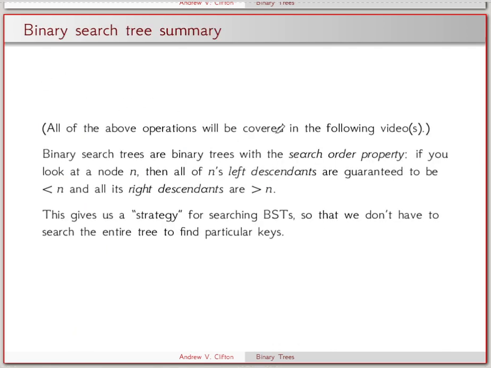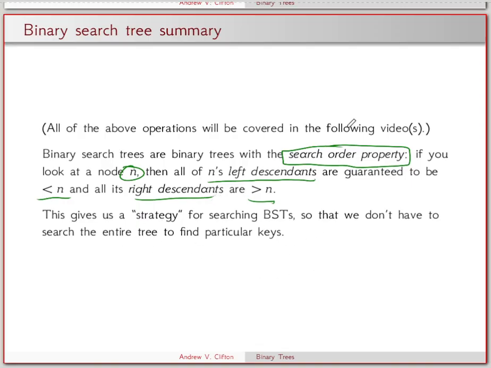Okay, to sum it all up, binary search trees are binary trees with this search order property that tells us where keys should go. If you look at any particular node n, all of n's left descendants are less than n, and all of its right descendants are greater than n. That gives us a strategy for building binary search trees and also searching in them, so that we don't have to search the entire tree to find a particular key.